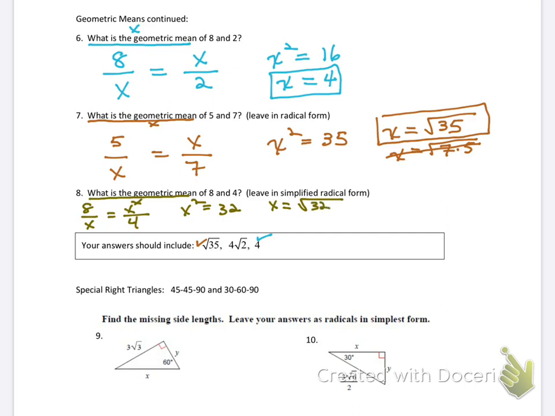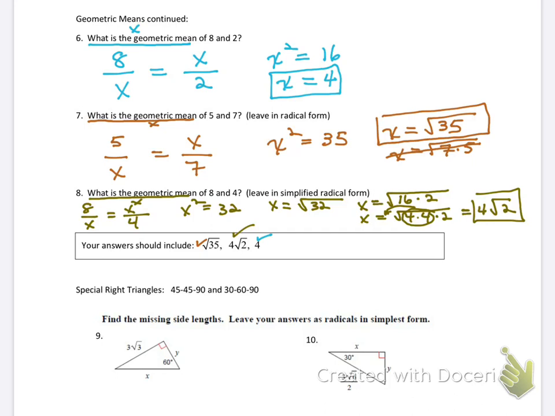Okay, so I have to simplify that. So let's try this. If I divide that in half, because I see it's an even number, I get 16 times 2. Okay, well 16 is 4 times 4. That's a double. That comes out. So x will equal, the single 4 comes out, 4 root 2, and that's my final answer.